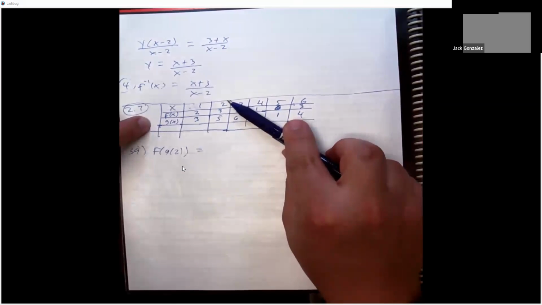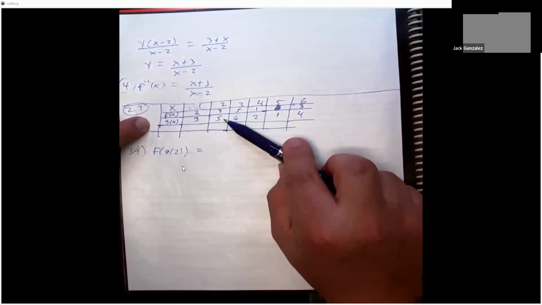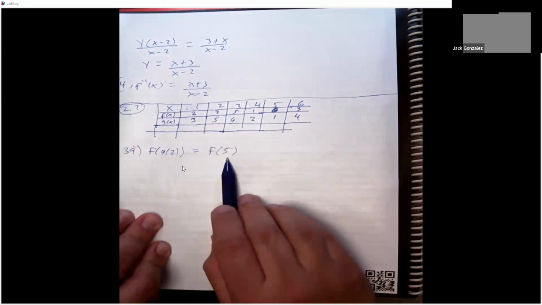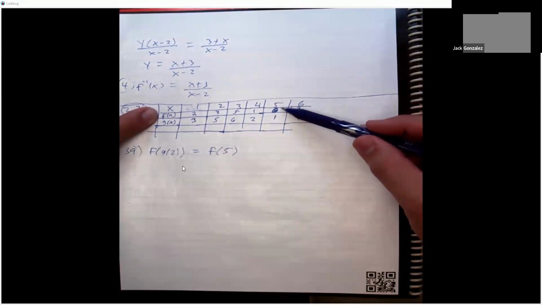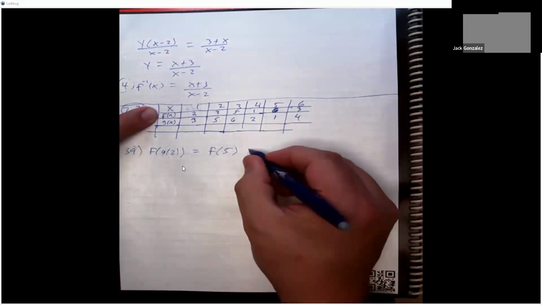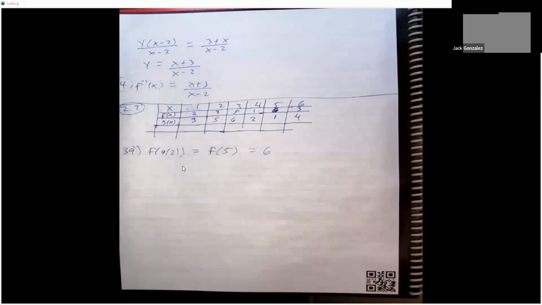What output do you get at G? That output then goes into F. So this is actually 5. F of 5, and now we go to F. What's going on at F when you have 5? You get a 6. So that's all you have to do.